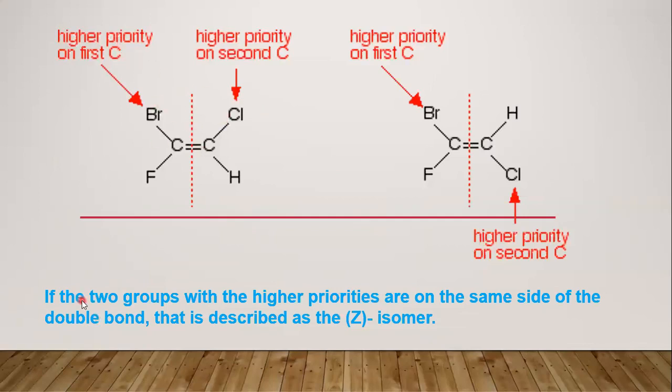We can say if the two groups with the higher priority, chlorine and bromine, are on the same side of the double bond, this is described as Z isomer. Z means zusammen. Zusammen means the same. The same what? The same side. But here, opposite side. So this is entgegen.